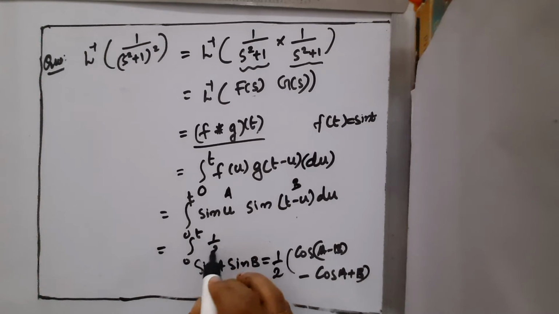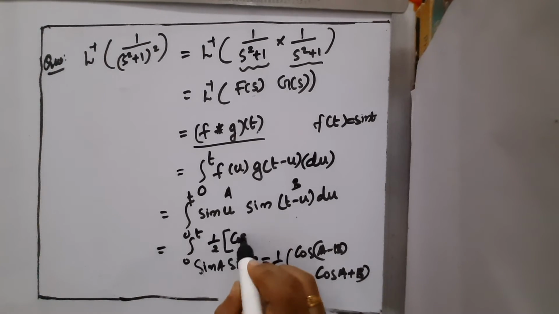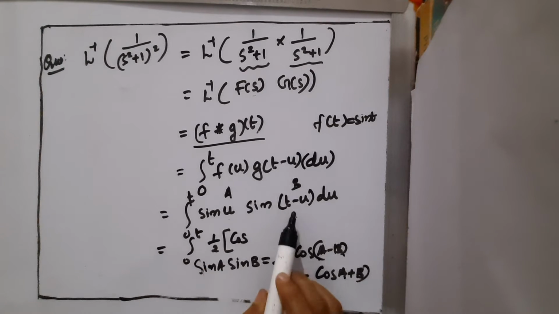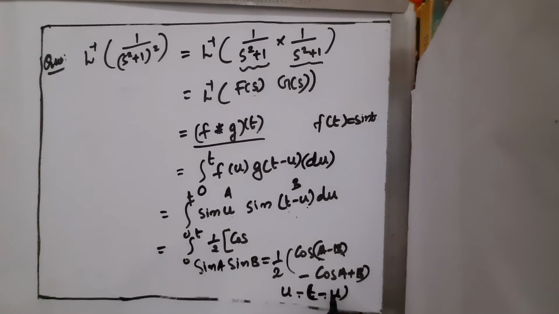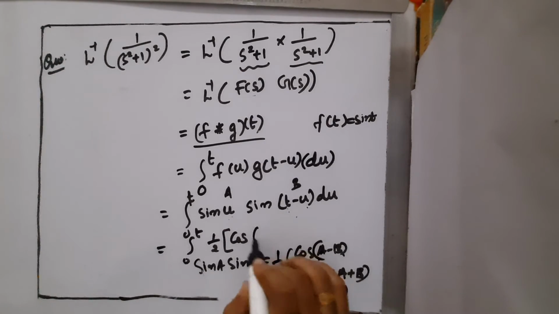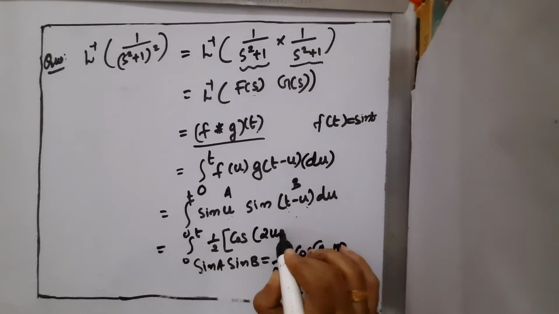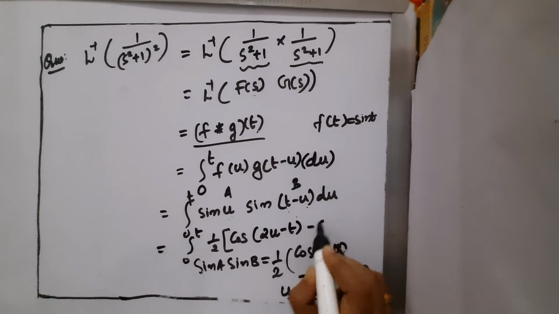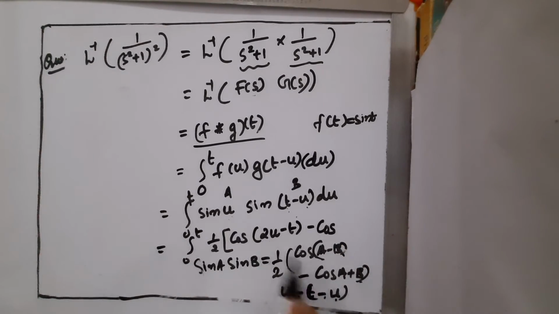This is equal to half into cos A minus B, u minus (t minus u), and A plus B, u plus (t minus u). Therefore minus minus becomes plus, u plus u gives 2u minus t. So cos(2u minus t) minus cos(A plus B), that is u plus t minus u. The u cancels, and only cos t remains.